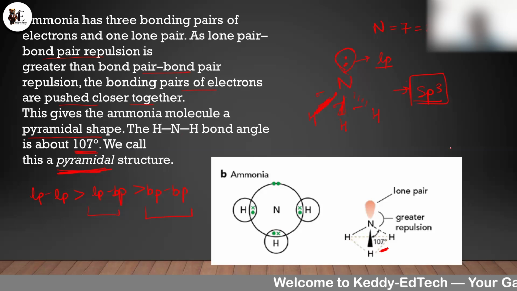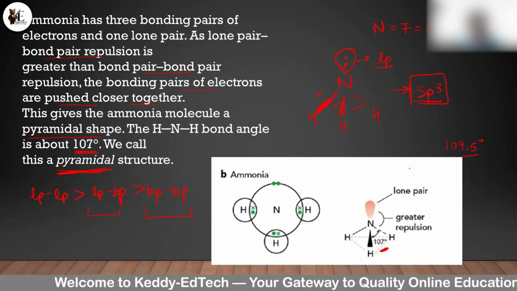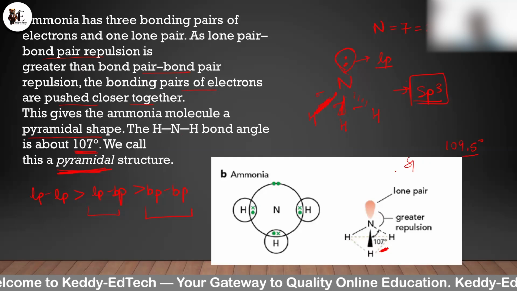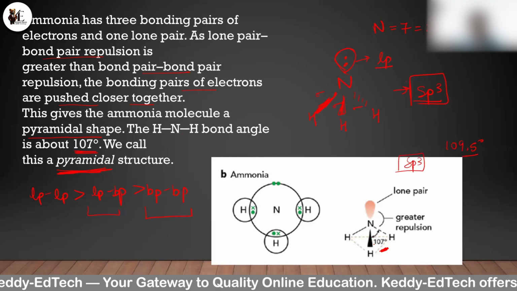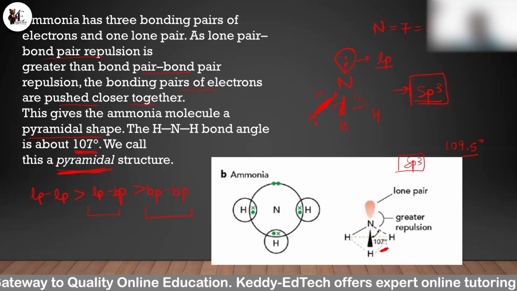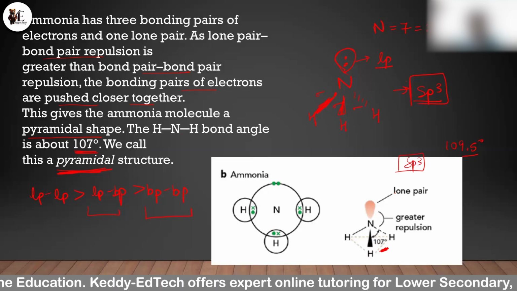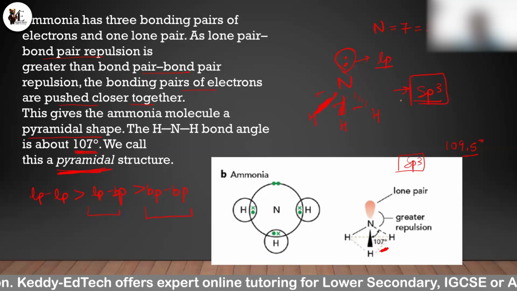And also the bond angle: in methane it is 109.5 degrees, but in ammonia it is 107 degrees. Although the hybridization is the same in both cases, sp3, because of lone pair-bond pair repulsion, which is greater than bond pair repulsion, the bond angle decreases.